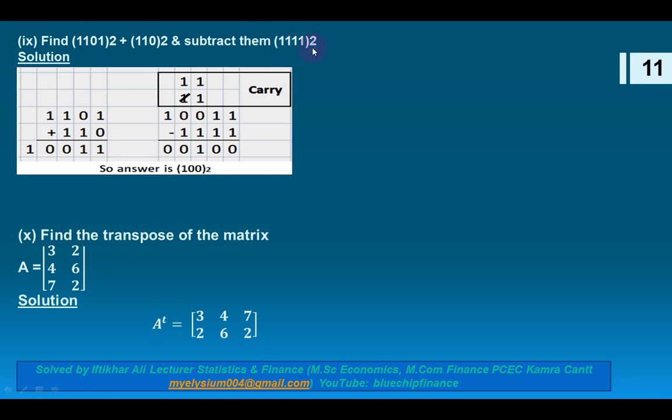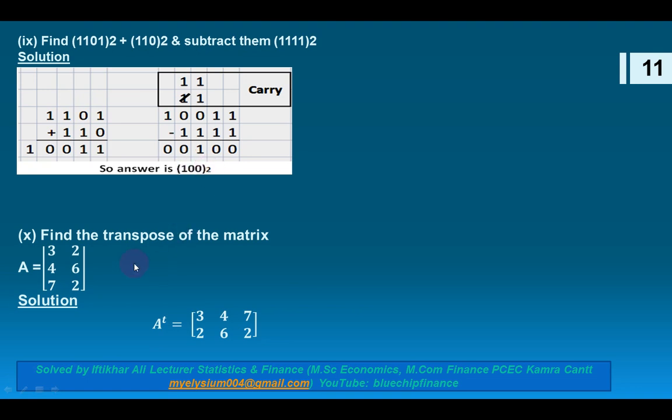So first of all, we add these two, 1101 and 110. The answer will be 10011, and after that we subtract this from 1111: 10011 minus 1111, and the answer will be 00100. So the answer is 100 binary.